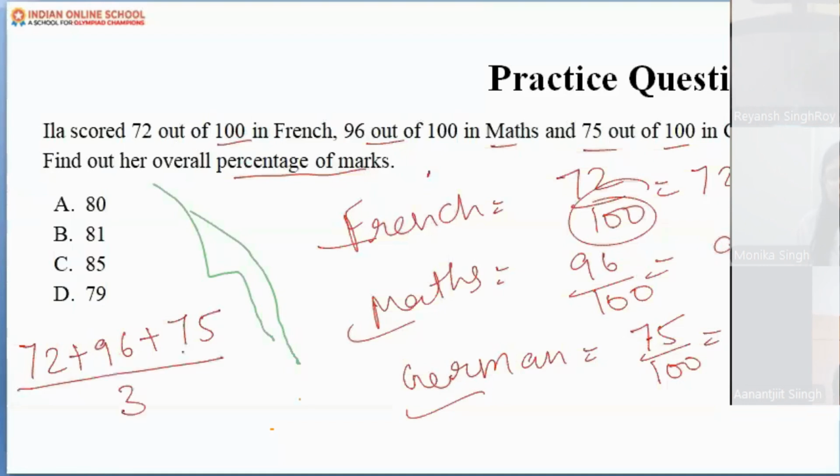What we get? 243 by 3 is 81. So overall percentage of marks is 81. She got a total overall 81% marks. Clear, all of you?